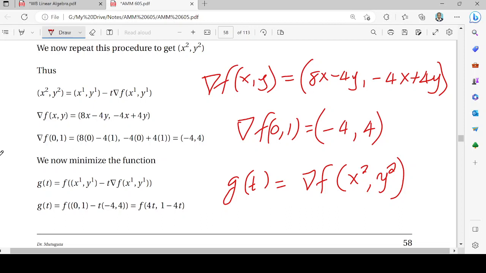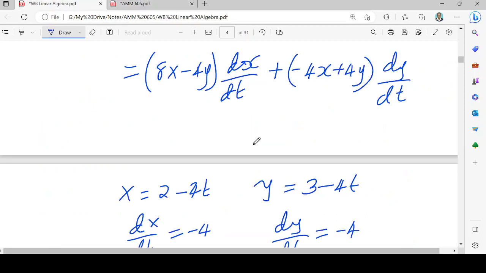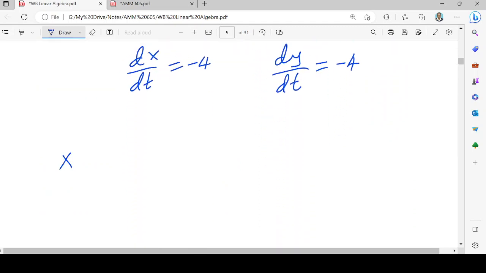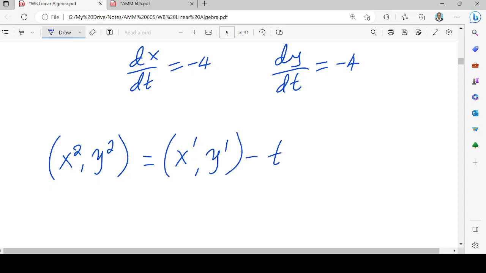As before, we can determine x2, y2. Let me do it on another page here. We can write that x2, y2 is equal to x1, y1 minus t times the gradient of f evaluated at x1, y1.